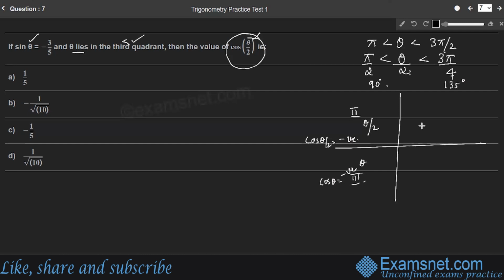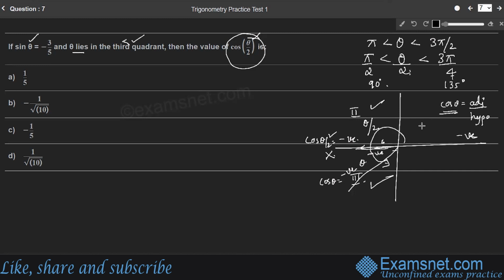The reason is, since cos theta is adjacent by hypotenuse, here adjacent side is negative x-axis for any value of theta in the second and third quadrant, right? So adjacent side is negative x-axis. Therefore, cos theta becomes negative in the second and third quadrant.